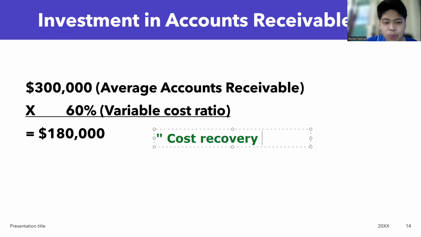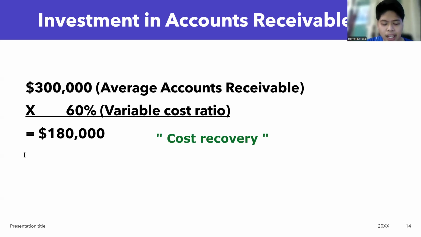So that is what we mean by investment in accounts receivable. That is average AR times the variable cost ratio.